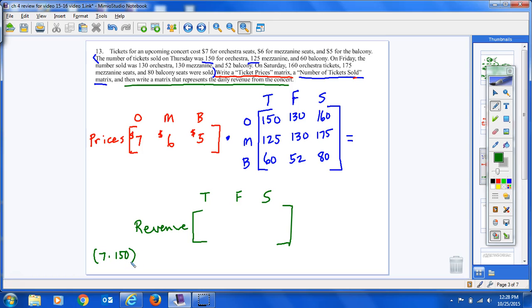So I'll just kind of do that as I go. 7 times 150 plus 6 times 125, and then you add to that 5 times 60.